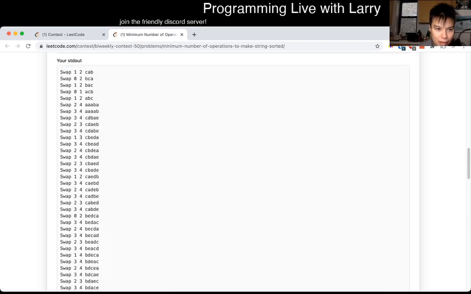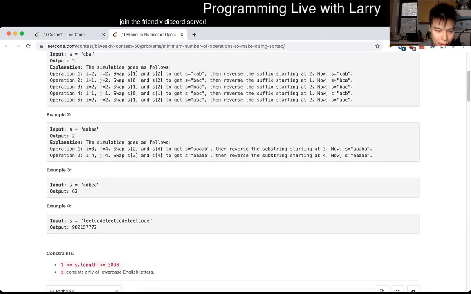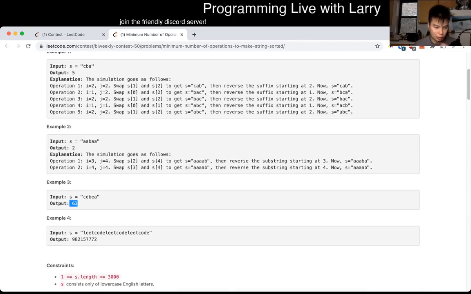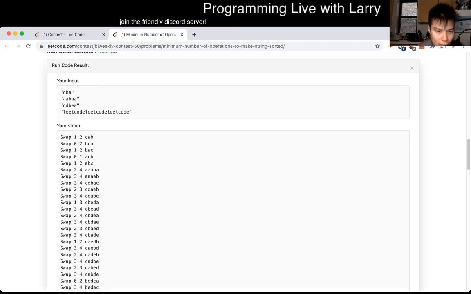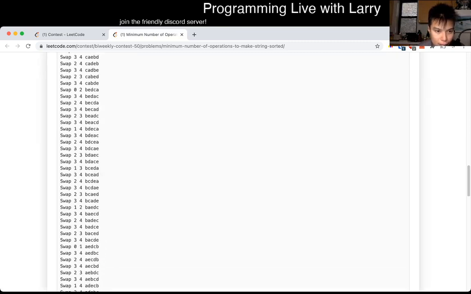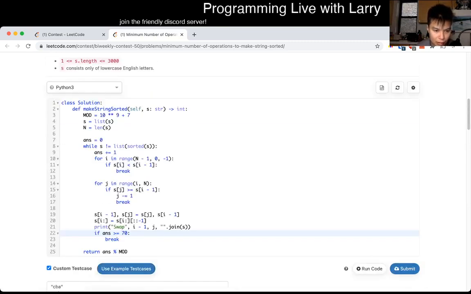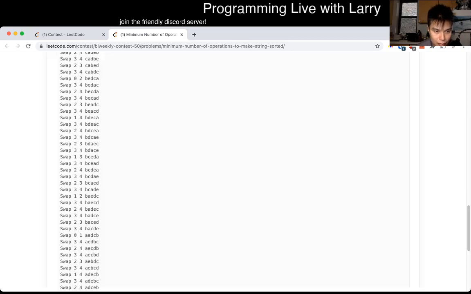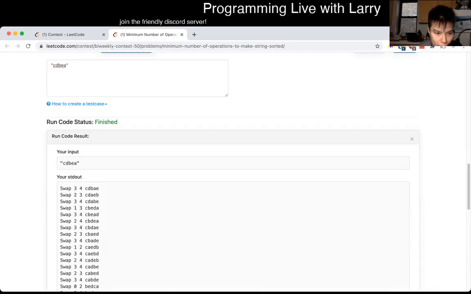Let me even just look at the third example. 63. This may be a hint actually. 2 to the 5th times 2. Alright, let's look at that one first, actually. Sort the last 2, okay.